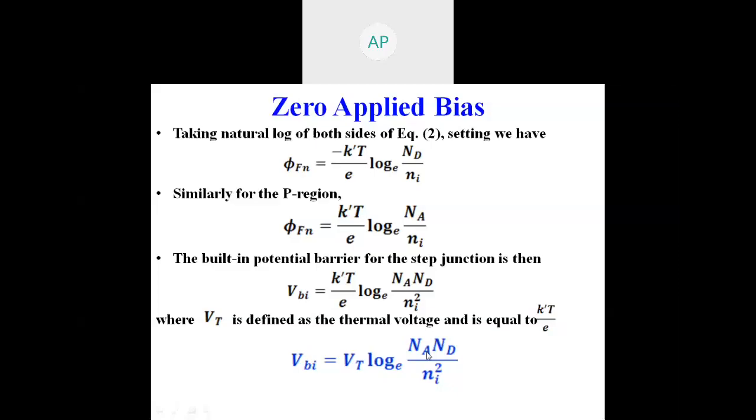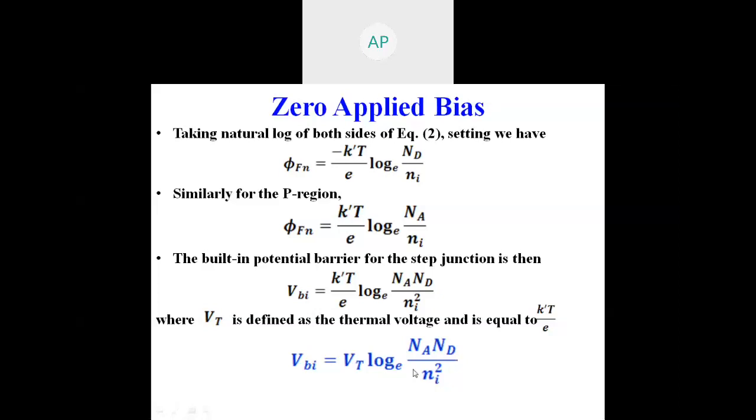Now we want to find this value using this expression. Vt is given. We need to find the acceptor concentration as well as the donor concentration, and the intrinsic concentration is given.